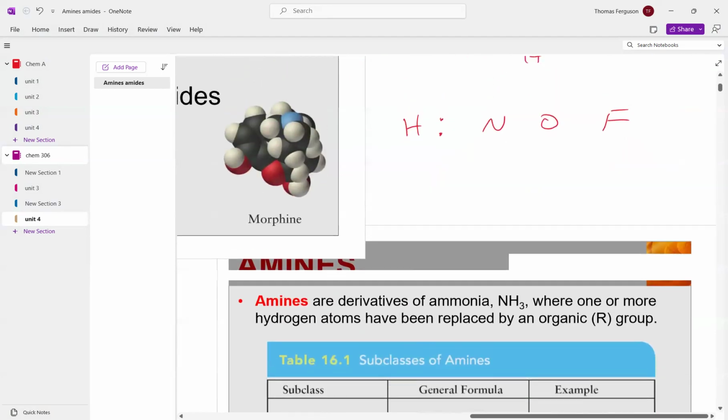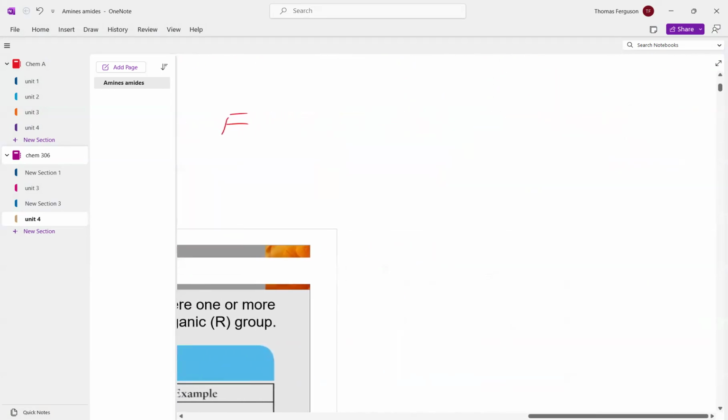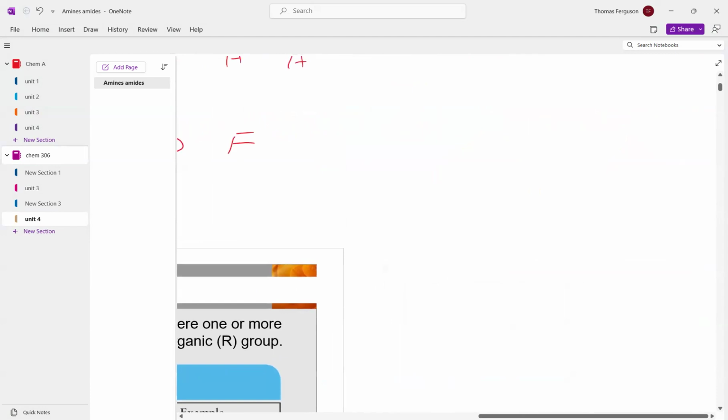So if we look at nitrogen, if we look at NH3 and an acidic proton, that acidic proton has no electrons.